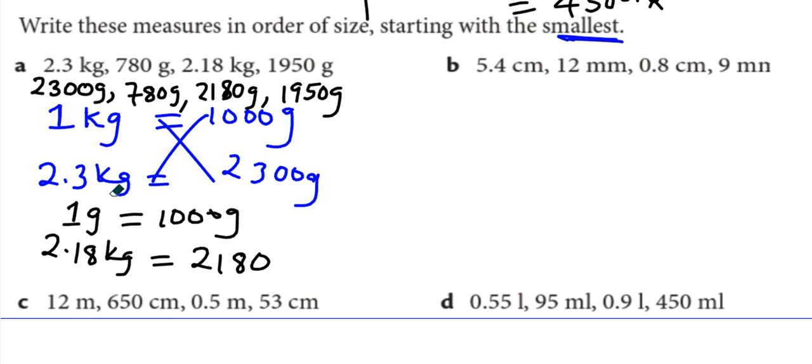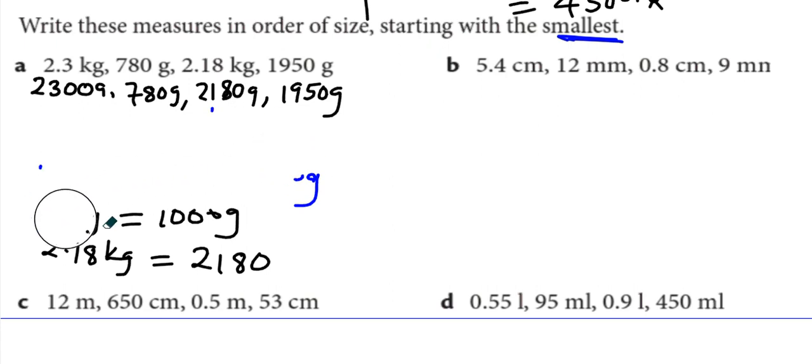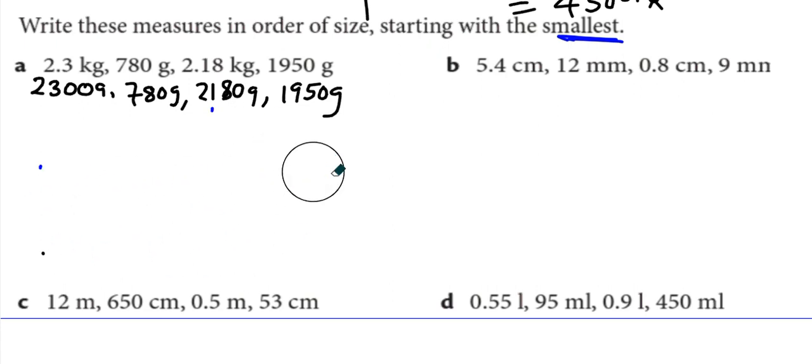Okay, now the question is, can we arrange those in order of size, starting with the smallest? So now we will be looking at these grams to arrange these. See?